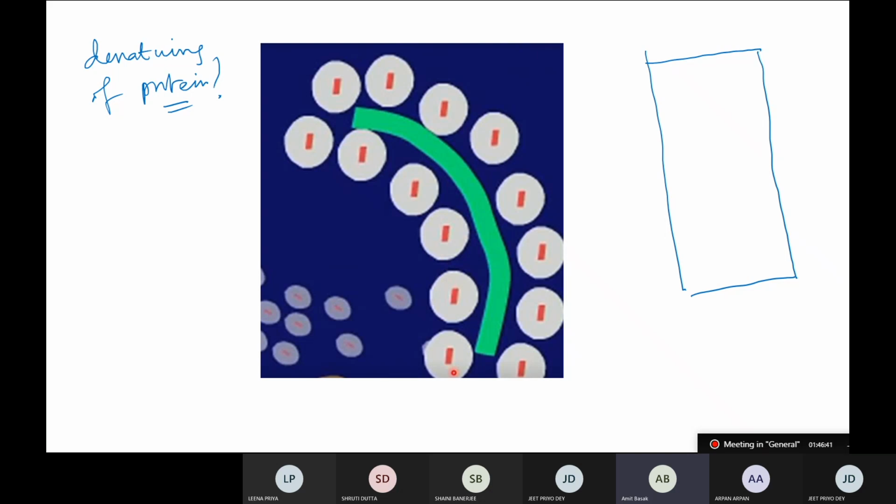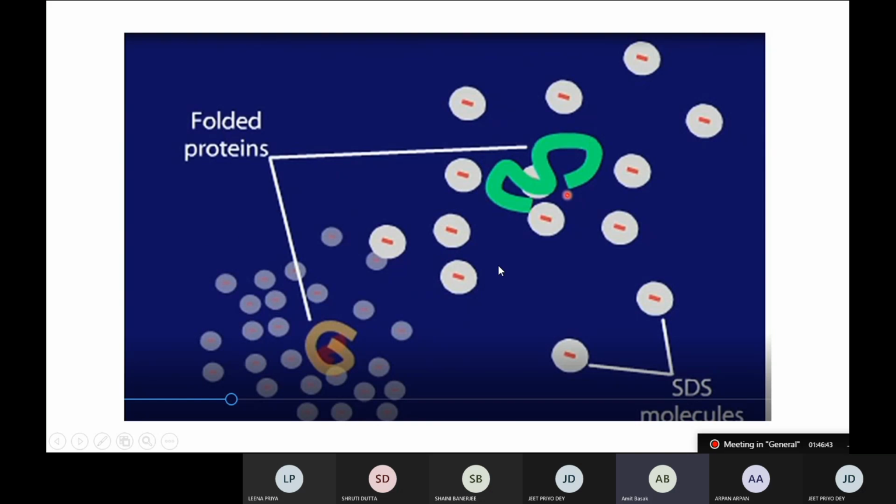When you do SDS PAGE, you start with the protein under native conditions. Native condition means when it is active. Then as you add SDS, you disrupt all the intramolecular hydrogen bonds, electrostatic interactions and hydrophobic interactions.